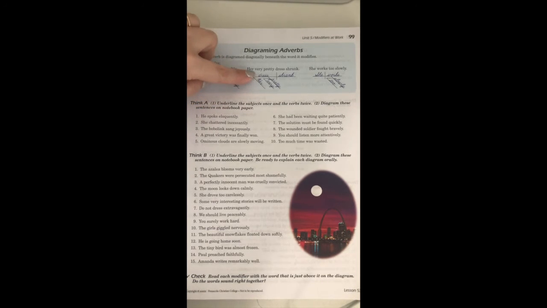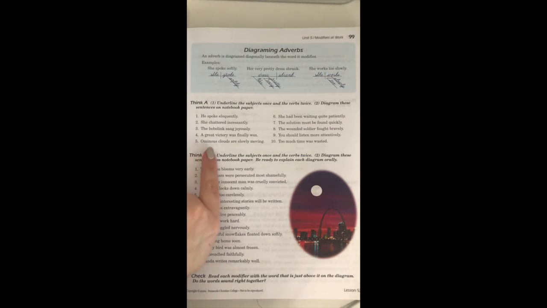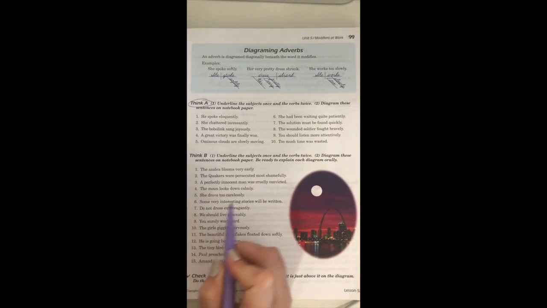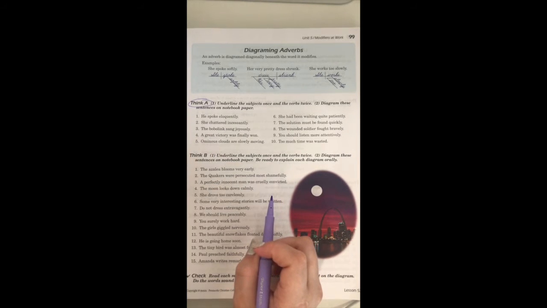Here we have our noun and all the different adjectives. And here we have our subject, which is our pronoun, our verb, and all of our adverbs. So for this one, numbers 1 through 10 for Think A, so only for Think A, you're going to diagram these according to the subjects and the verbs.